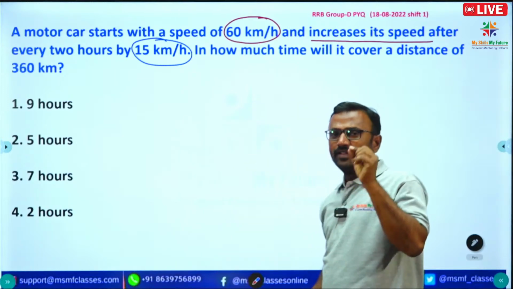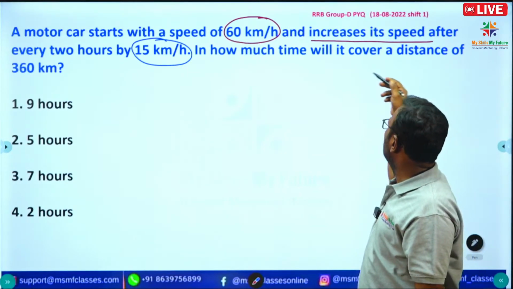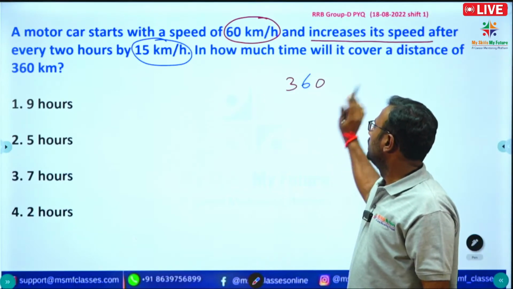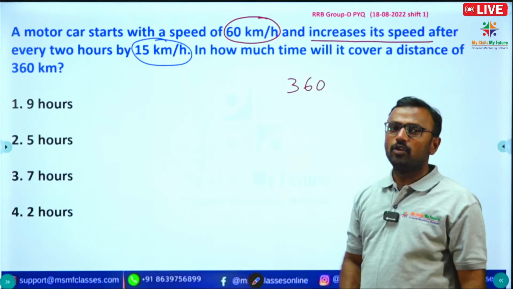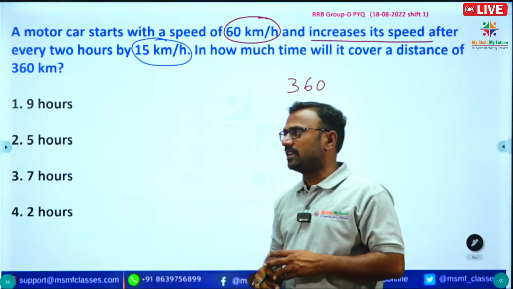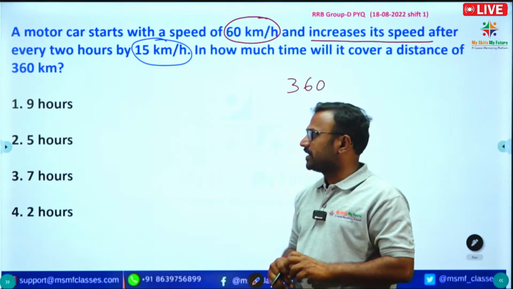In how much time will it cover a distance of 360 kilometers? Option 1 is 9 hours, option 2 is 5 hours, option 3 is 7 hours, option 4 is 2 hours.